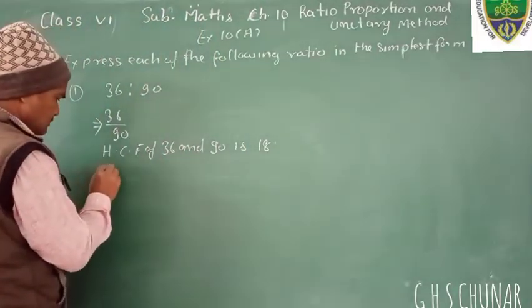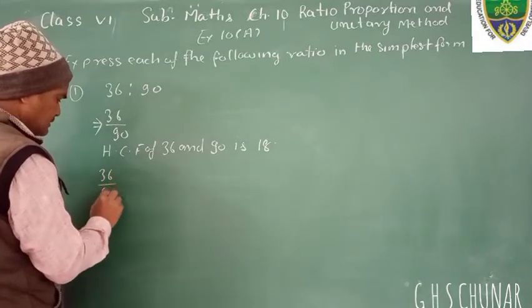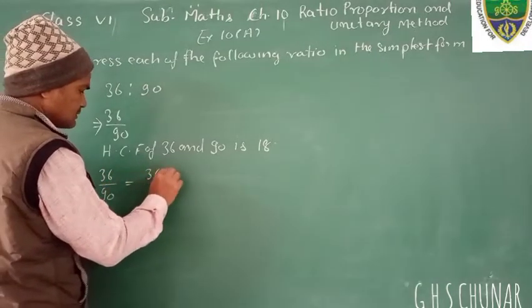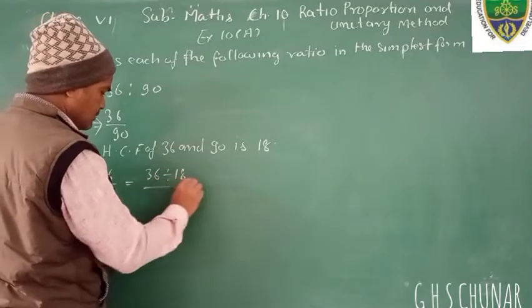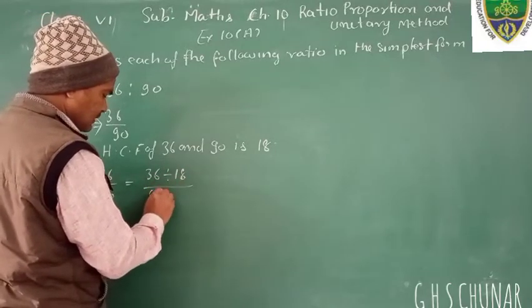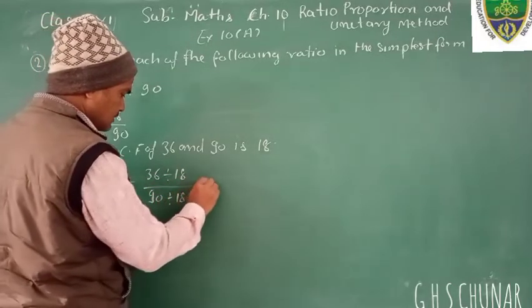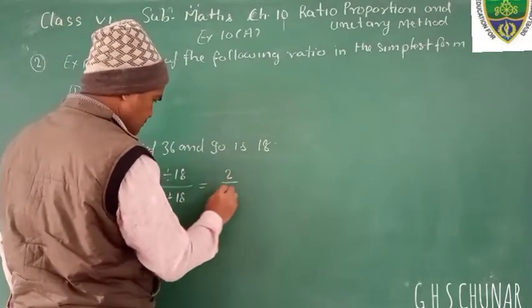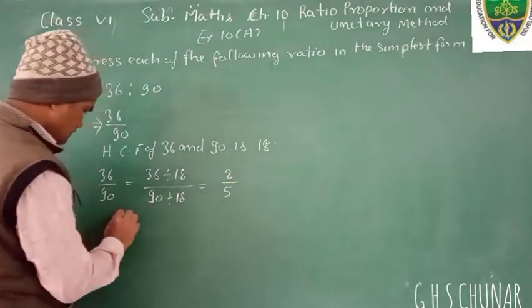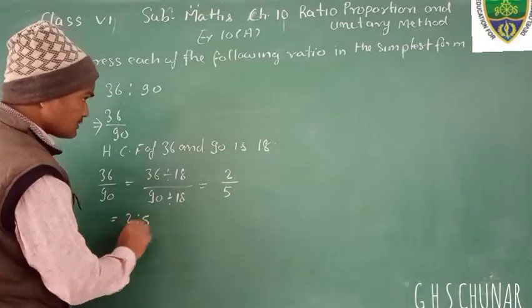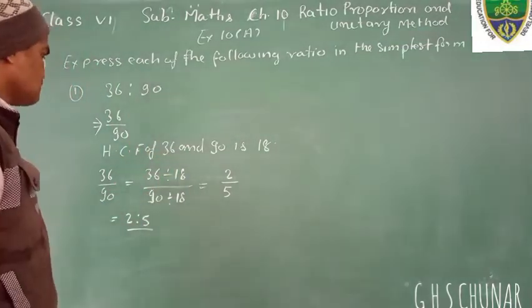So 36 upon 90 is equal to 36 divided by 18 upon 90 divided by 18, that is 2 upon 5, which is equal to 2 ratio 5, which is the simplest form of the given ratio.